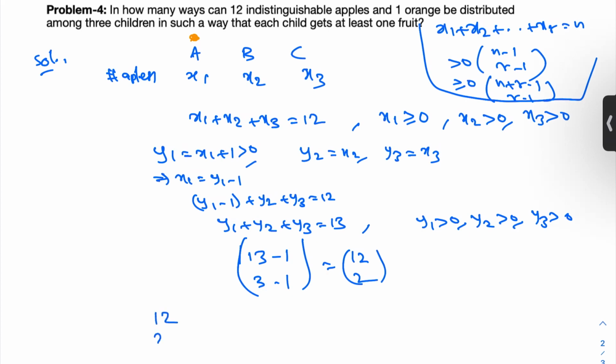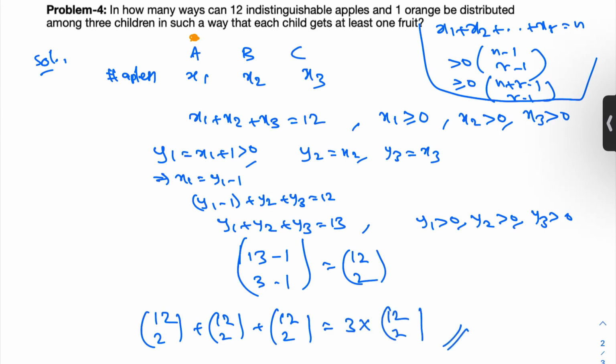The answer is going to be 12 choose 2 plus 12 choose 2 plus 12 choose 2, that is 3 times 12 choose 2. This is the answer. This many ways we can distribute these 12 indistinguishable apples and 1 orange to 3 children in a way that each child gets at least 1 fruit. Fine.